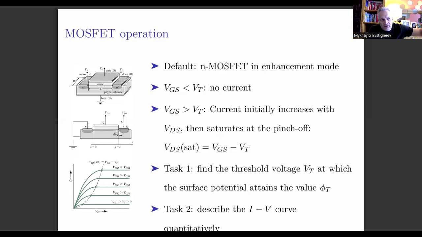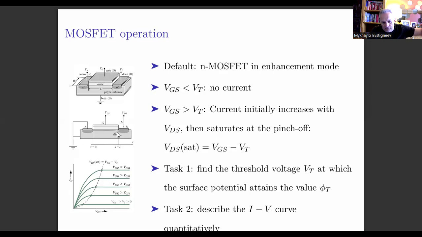Locally, the value of the potential at the surface of the semiconductor increases from the source to the drain, from the value 0 to the value V drain. Hence, the voltage between the local point in the inversion layer and the gate changes from the value V gate at x equals 0, so in the left part of the inversion layer, to V gate minus V drain in the right part of the inversion layer.